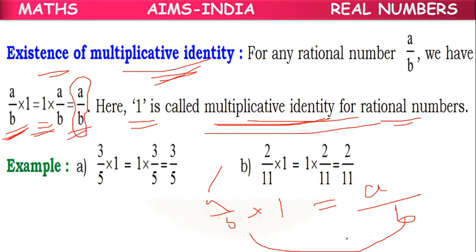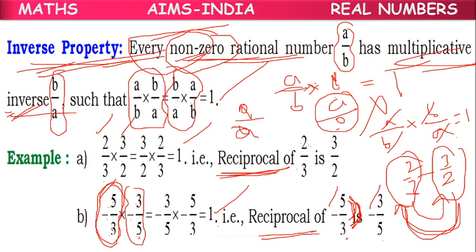Multiplicative identity means if we multiply with 1, value does not change. So 1 is called multiplicative identity. Inverse means if we multiply with reciprocal, value will be 1. So how to get reciprocal? We have to change numerator and denominator places. It's called reciprocal or multiplicative inverse.